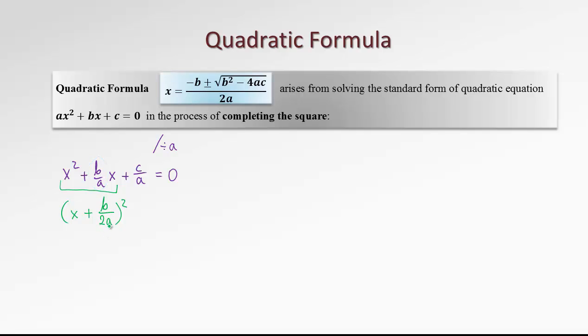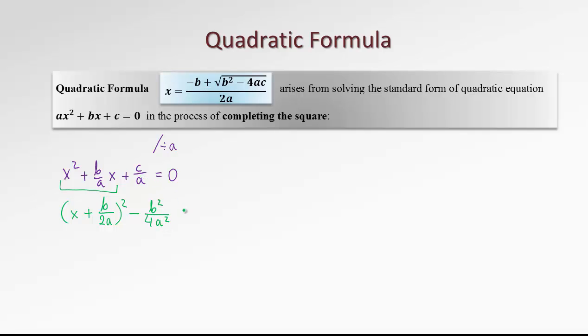To take half of a fraction, it's enough to place 2 in the denominator of this fraction. And then, since this perfect square is larger than the first two terms, we need to subtract the third term of the perfect square formula, which is the perfect square of the number that we took in the bracket. So we are subtracting b squared over 4a squared.